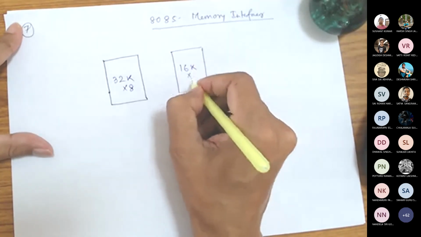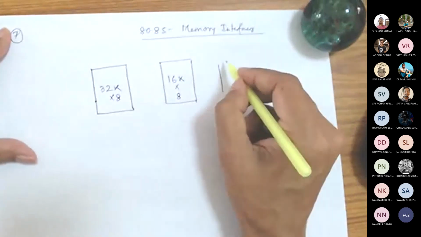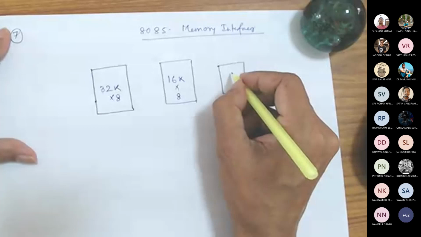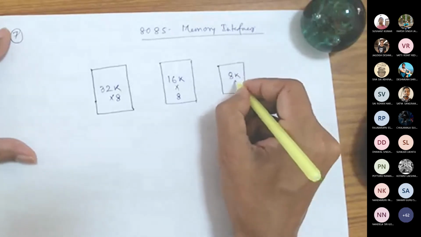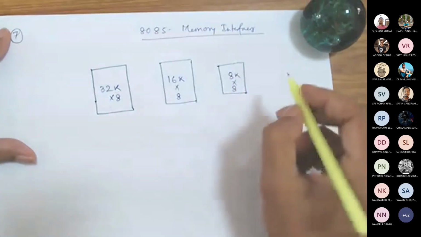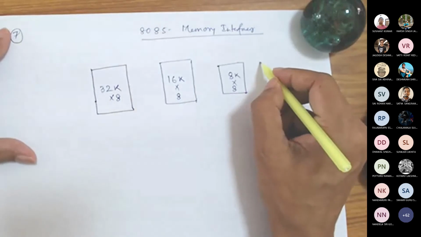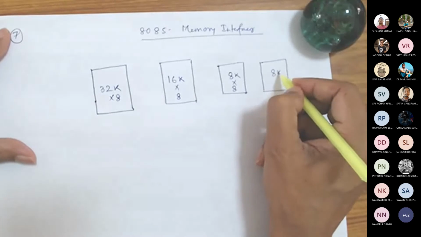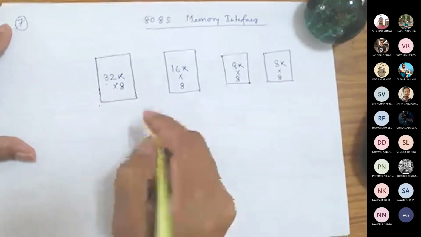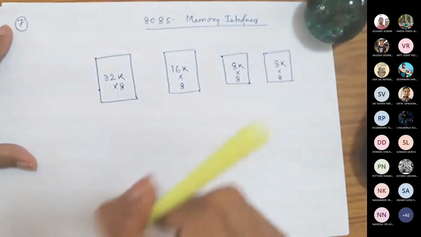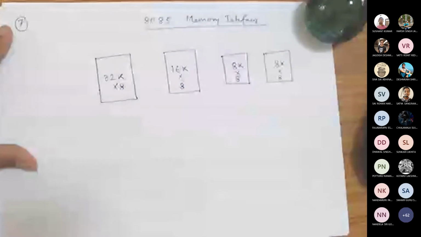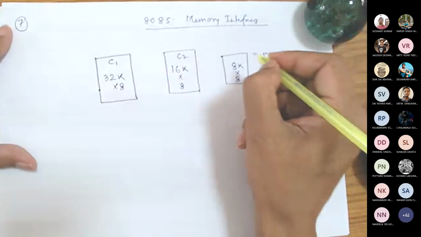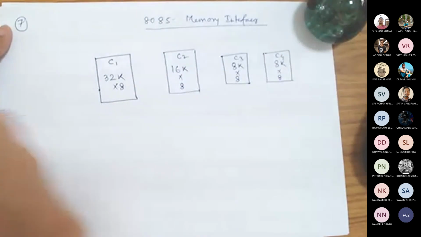16K into 8, and some as 8K into 8, and another 8K. I will not go below 8K, as that would unnecessarily make the circuit large. Let's assume we have 4 such chips available, which we call C1, C2, C3, C4.